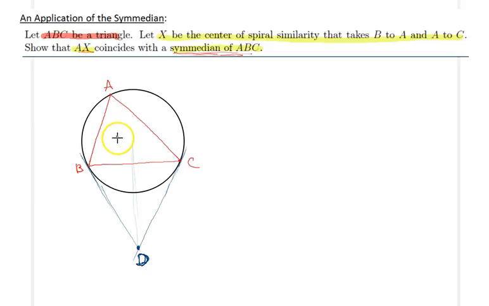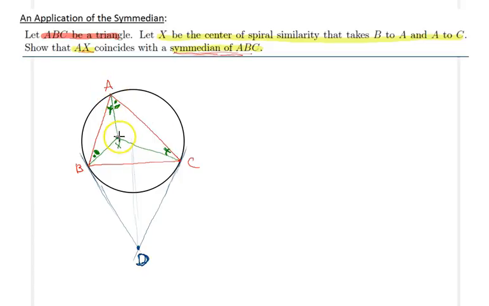We need to find a point such that B is mapped to A, and then A is mapped to C. That point X should create two triangles which will be similar, so that dotted angle will be the same here, and this angle which has a line on it, those two angles would be equal. So how can I construct a point X which will do this trick?